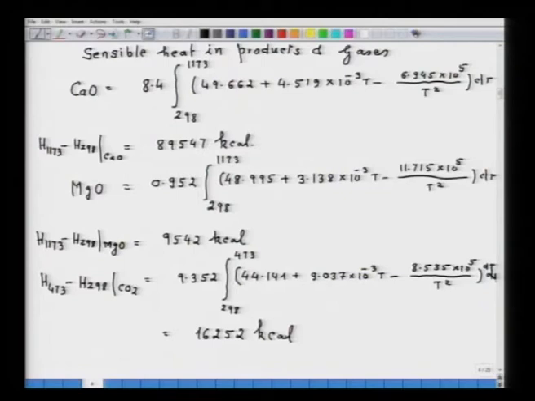Now, be careful while calculating the heat content in water vapor. We are starting with 298 as our basis. So, first we will calculate H2O liquid at 298 to H2O liquid at 373 Kelvin, and this value is 6001 kilocalorie.